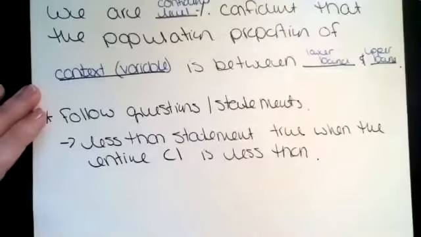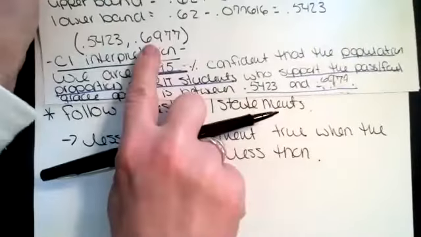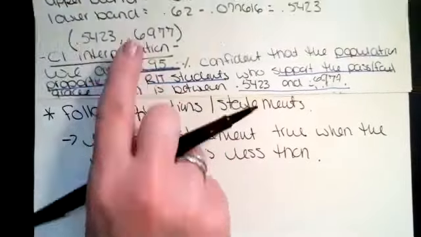So it's whatever your number is. So for this example, yes, every number in the CI is less than 72%. So yes, that's a true statement, okay?